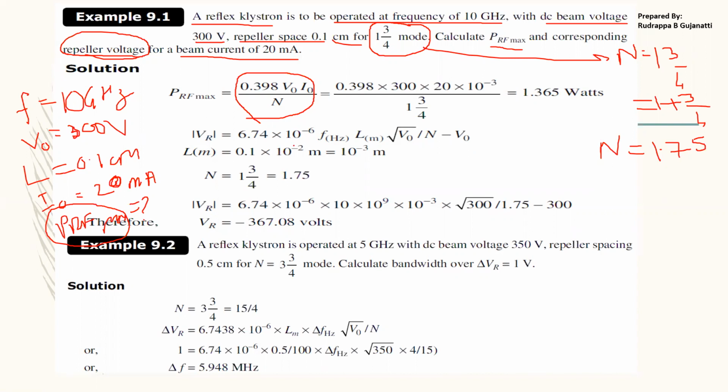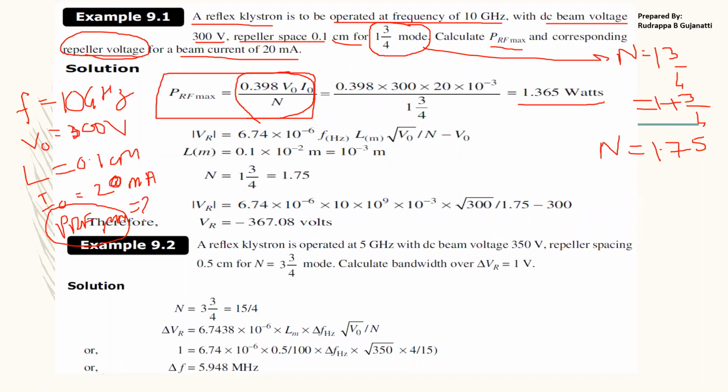So here, what you can do is, either you can refer to this equation wherein he has directly used V naught into I naught divided by N, and he has obtained the value, that is minus 1.365 watts.